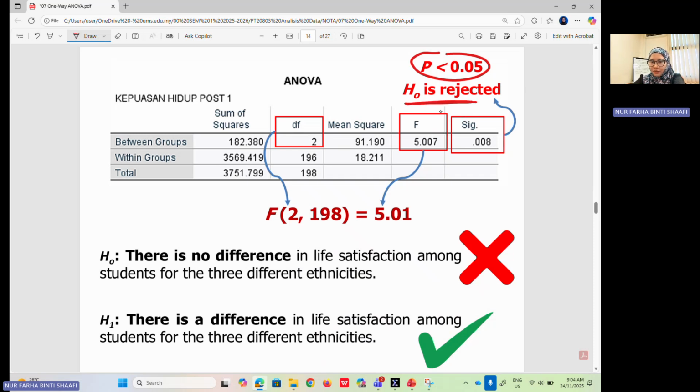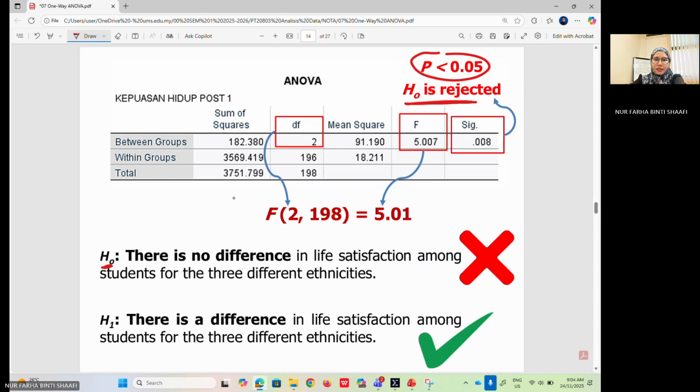Remember, what is your null hypothesis? Your statement for the null hypothesis: there is no significant difference in life satisfaction among students for the three different ethnicities. You mentioned it earlier, right?